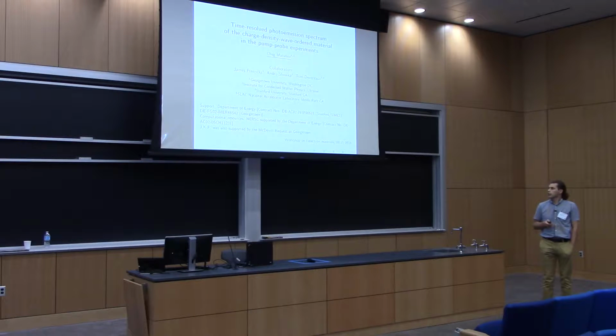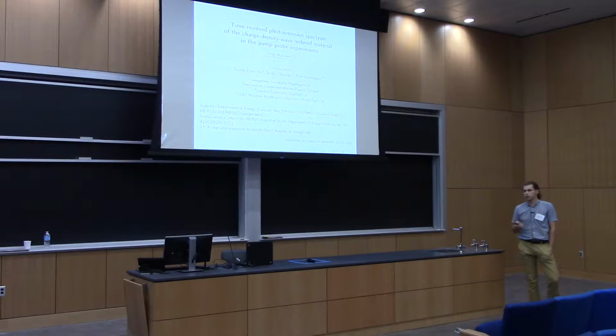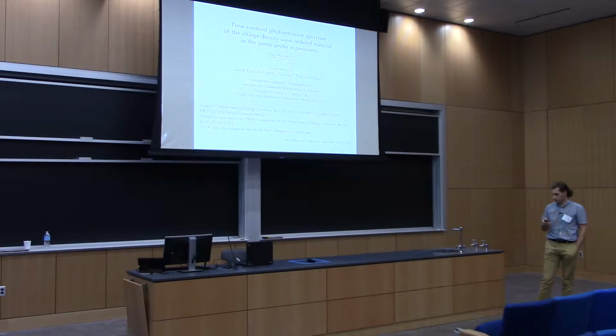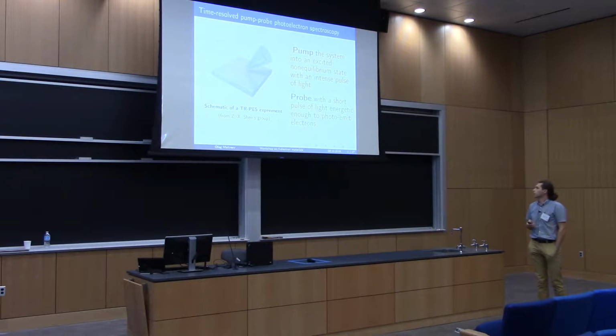James Freericks did a very nice introduction to time-resolved spectroscopy, so I'll just quickly remind you of the main principles. A time-resolved quantum probe experiment is designed to learn about the non-equilibrium state of the system, and it is a two-stage process.